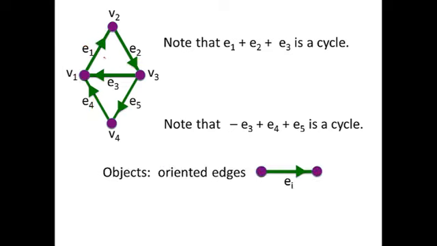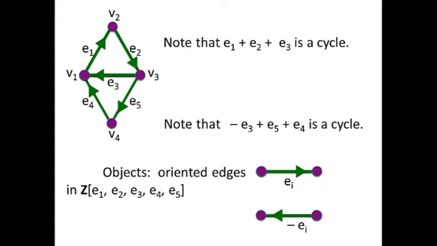So our objects will be oriented edges, i.e. edges connecting two vertices but with an arrow directing us from one vertex to the other vertex. I still have a free abelian group generated by 5 objects, but now our 5 objects are the oriented edges E1 through E5.